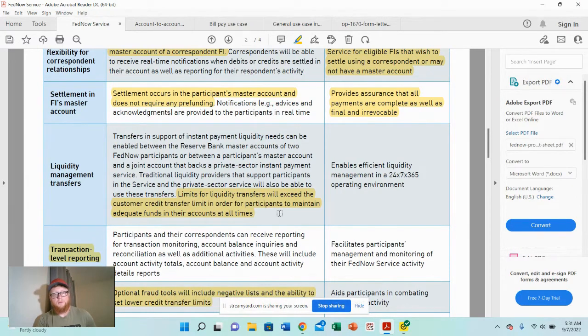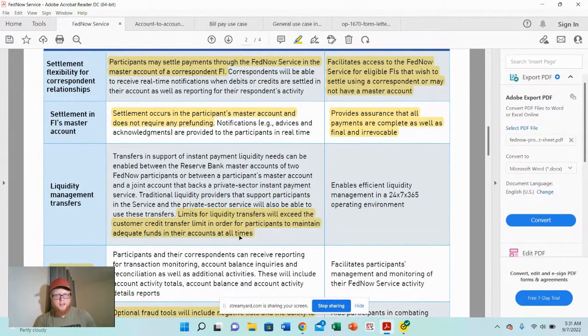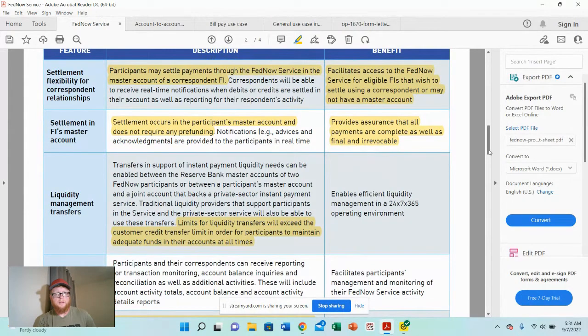And one thing I wanted to point out was this final sentence saying limits for liquidity transfers will exceed the customer credit transfer limit in order for participants to maintain adequate funds in their accounts at all times. And this is one area where I'm thinking we need a little more information, because it's talking about maintaining adequate funds, but they also talk about not necessarily needing pre-funding for said master accounts.